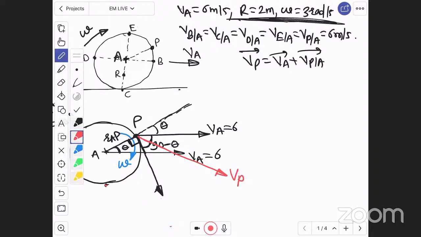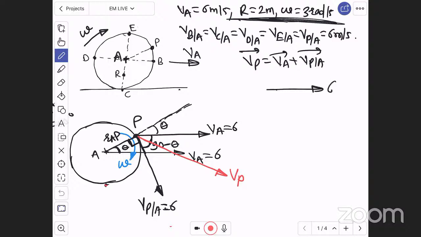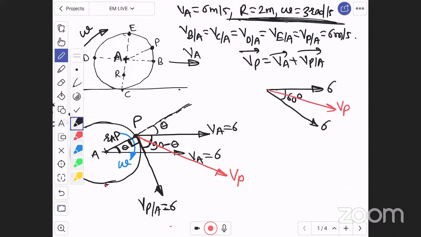Velocity of P with respect to A is 6. Here this is a velocity of 6, and here 6, and angle is 60 degree. So resultant is velocity of P.